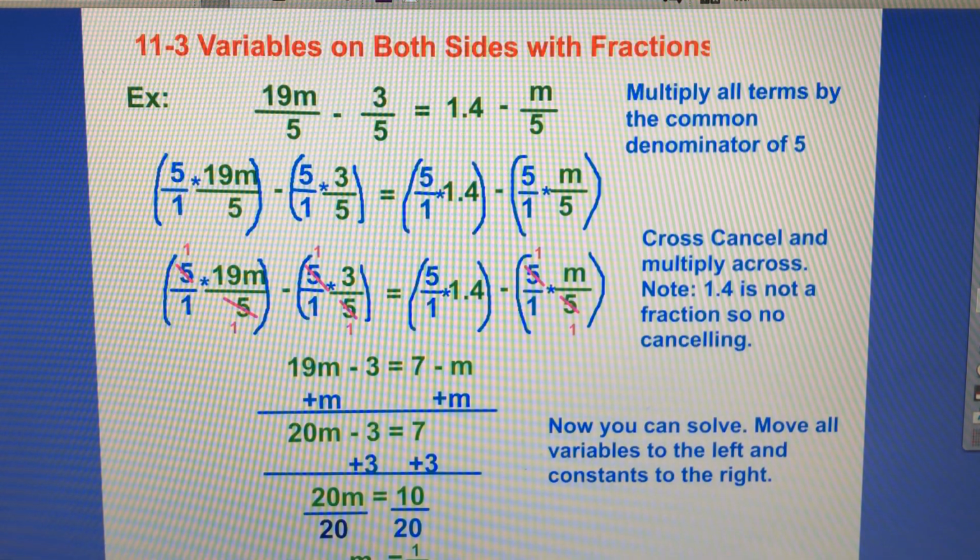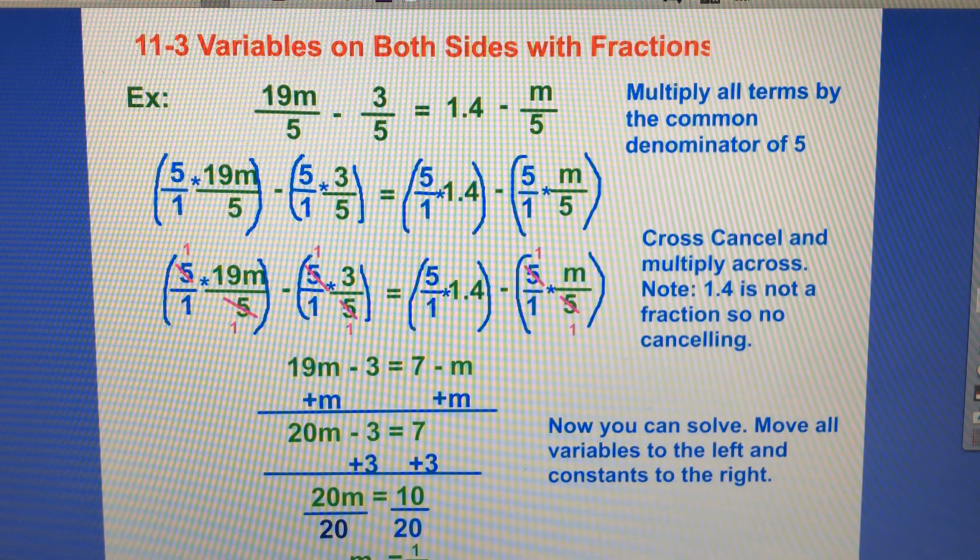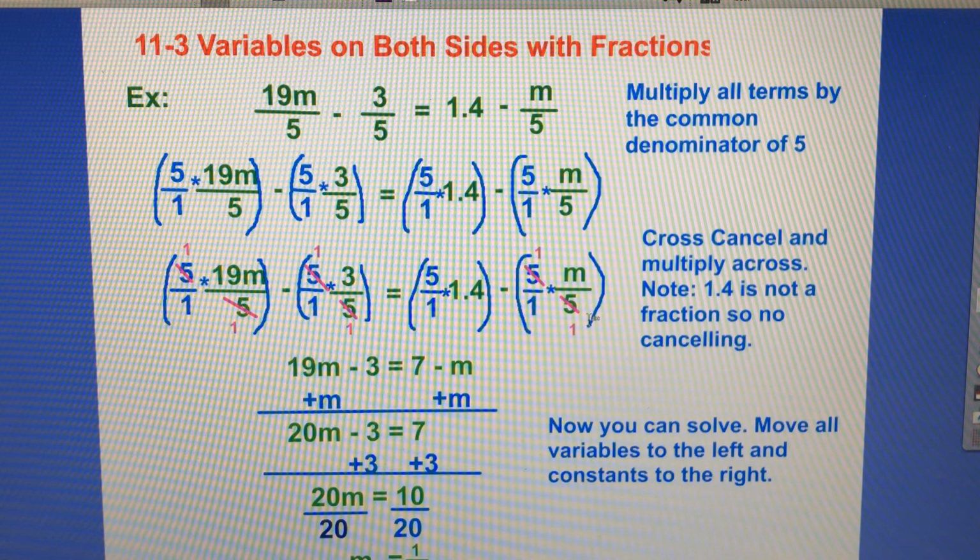Now, usually I like to make fractions a separate slide, but I'm going to go ahead and add it on and go through it as a reminder. Remember that when you have a denominator with a fraction, all you do is multiply every term by the common denominator. In this case, it's 5. You multiply every term times 5, and this will eliminate your denominators, and you will have an equation.